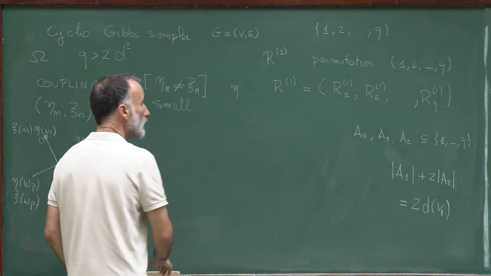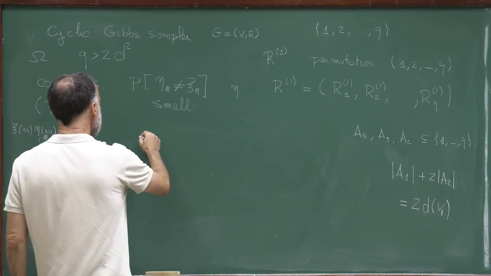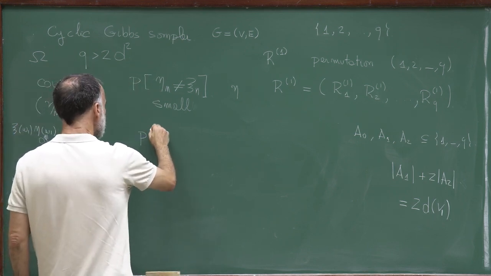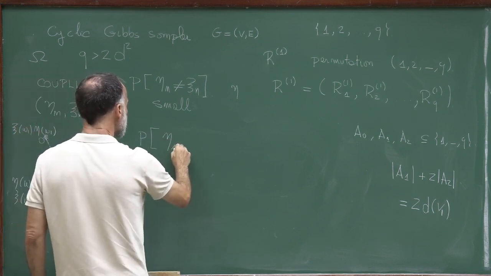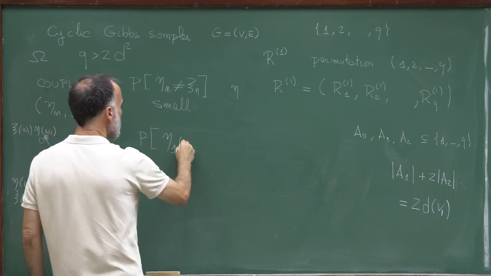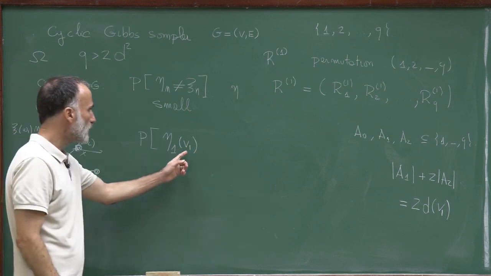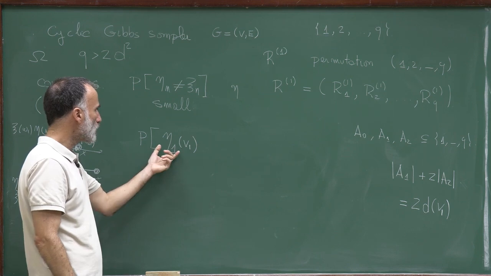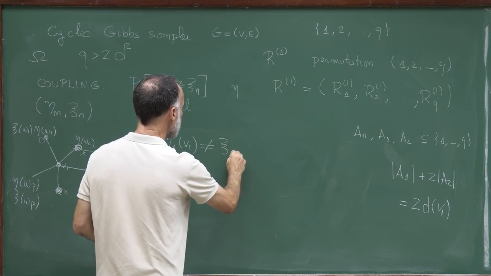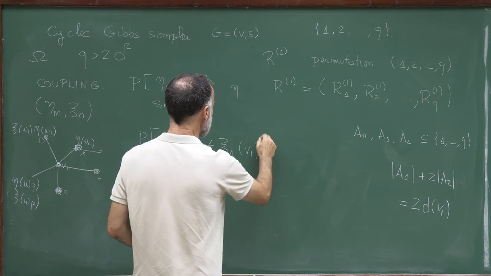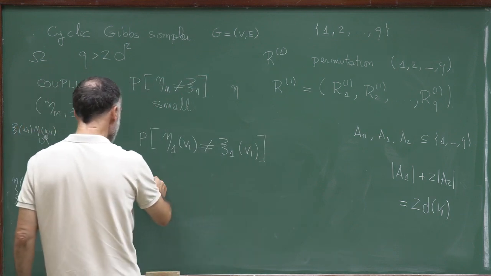So now I want to estimate the probability that after updating the configuration, at time 1, the color of vertex V1 for the process eta is different from the color of V1 for the process psi.